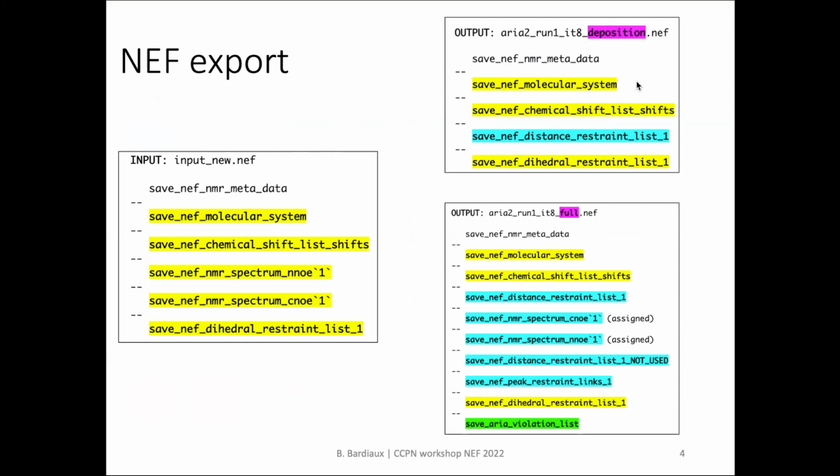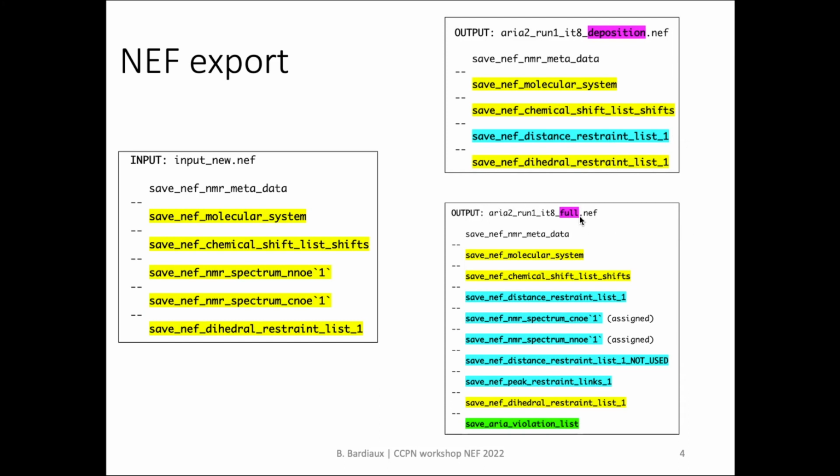In the simple NEF output from Aria, we still have the molecular system, the chemical shift list. We also have all the distance restraints that were used for structure calculation, and the other restraints that were used for structure calculation that were not altered by Aria, but simply used as is during the calculation.